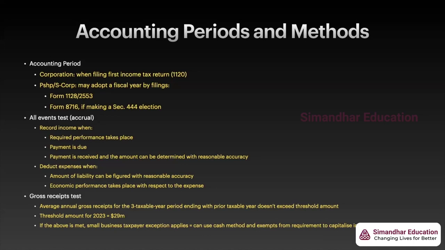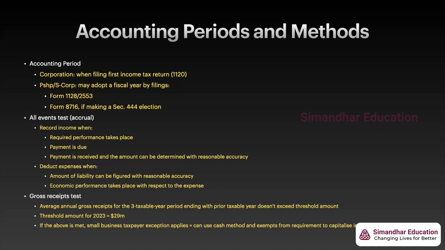You don't really have to worry about whether the accrual method applies to you, if all of these different criteria are met. So you can directly use the cash method, which is basically when you shell out the money or when you receive the income, you just record it. And it also exempts you from the requirement to capitalize inventory, and certain capital expenditures that you make on say machinery, equipment, and all of that.